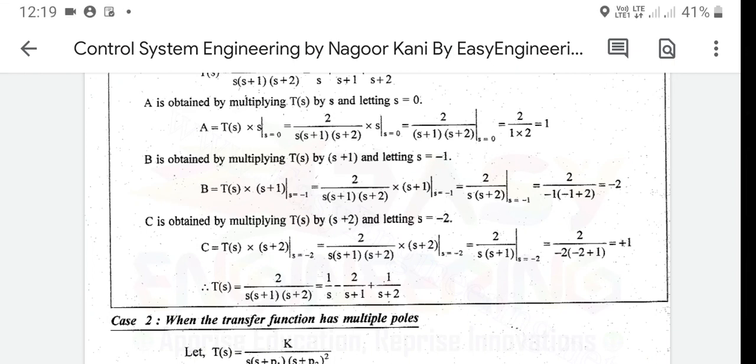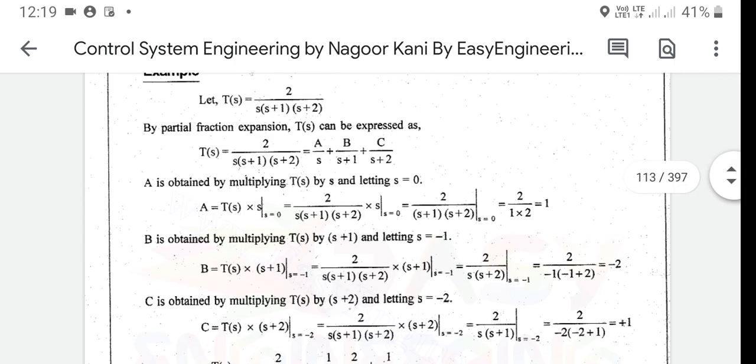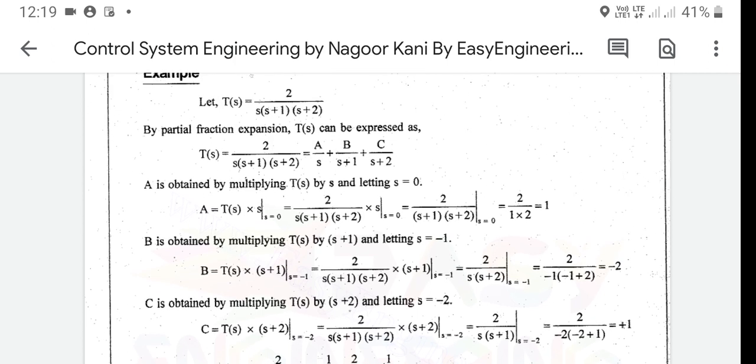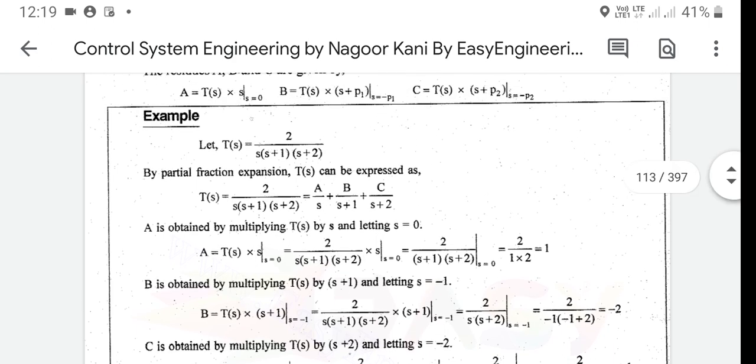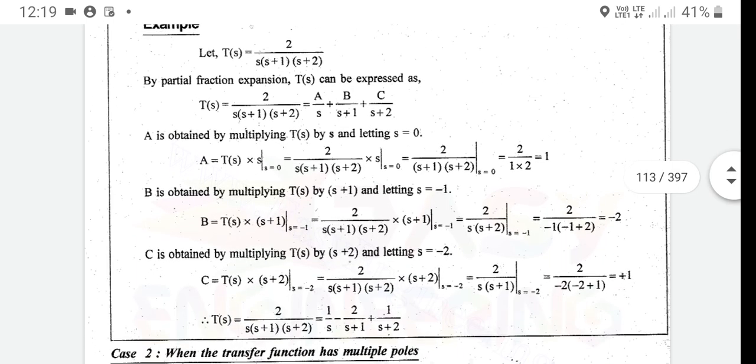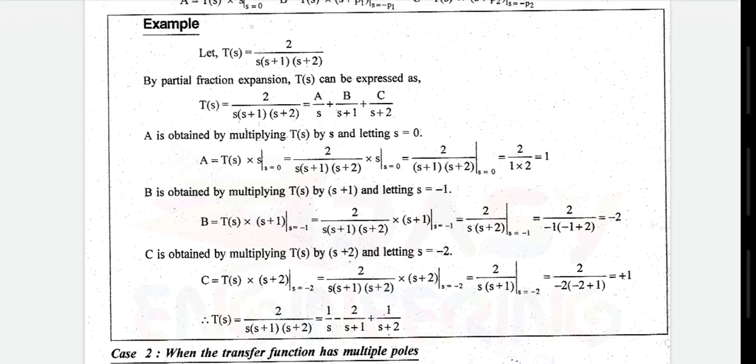Now c is obtained by multiplying T of s by s plus 2 and letting s equal to minus 2. So c is equal to T of s into s plus 2 by letting s equal to minus 2.